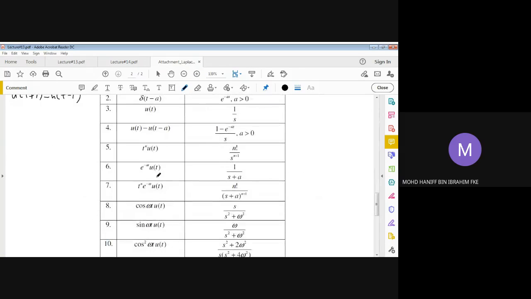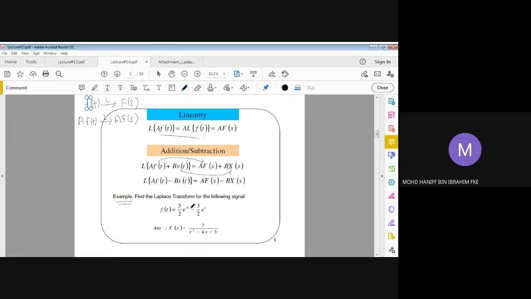For signal number 6, if we have exponential negative a t times u(t), the Laplace will be 1 over s plus a. Which means that if we have exponential of positive a t times u(t), the Laplace of it will be 1 over s minus a. The same thing applies, and we're going to apply this concept to this solution.